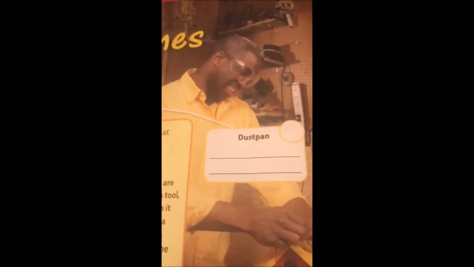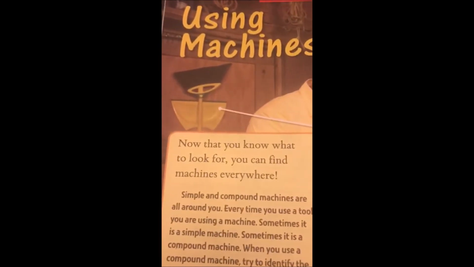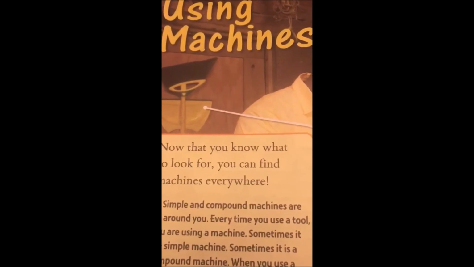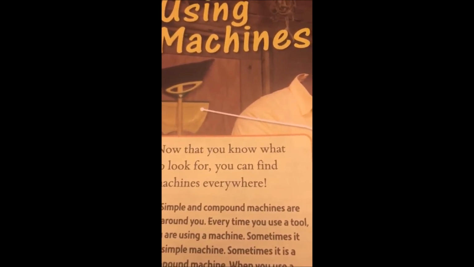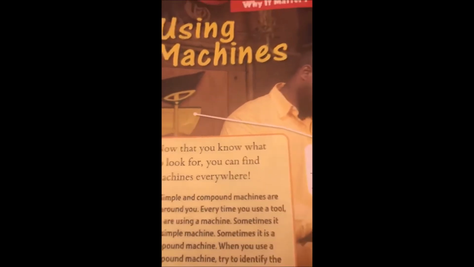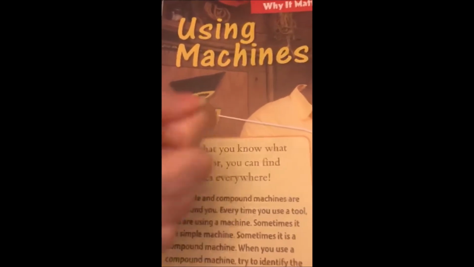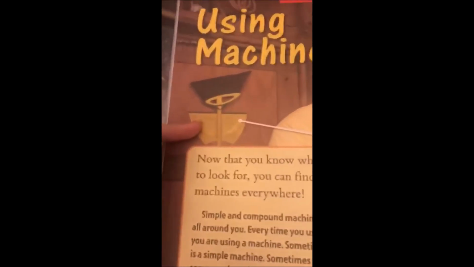So the dustpan, actually, here it is. Is it a simple machine or an inclined plane or a compound machine? Basically, here we can say that the dustpan, you know it. We have it in our class even. It's the one that you take the dust with.